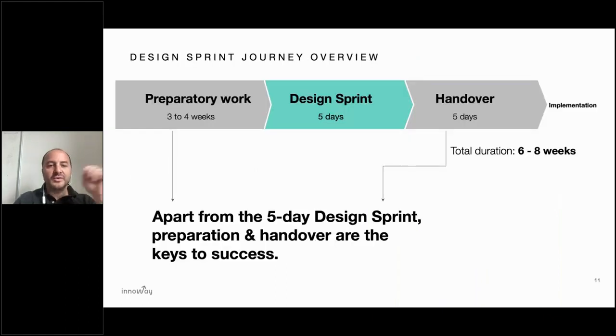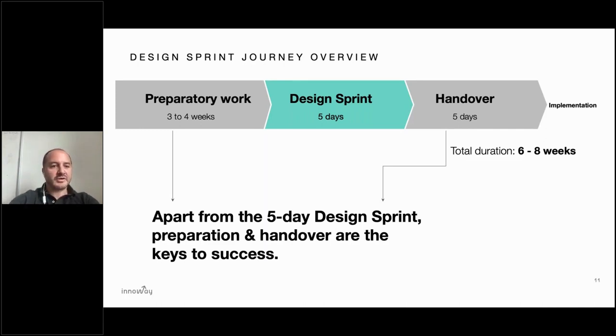What is it that we do in addition to the design sprint, that is the main event, 5 days? We have added, based on our experience, 2 more phases, one at the beginning and one at the end, because we consider that those will complete the whole project, the whole engagement with our clients.